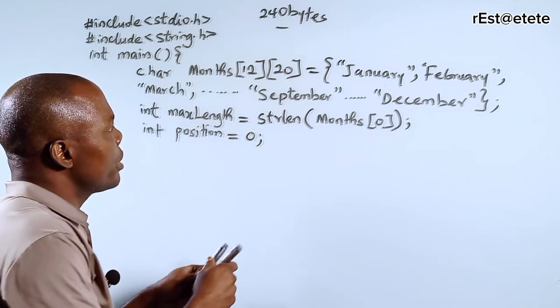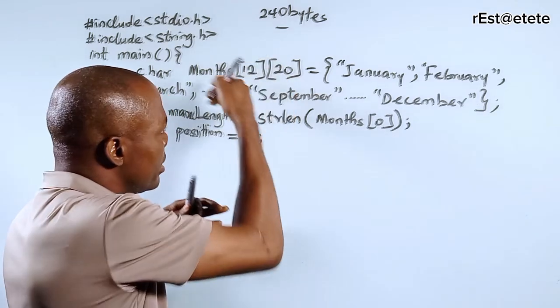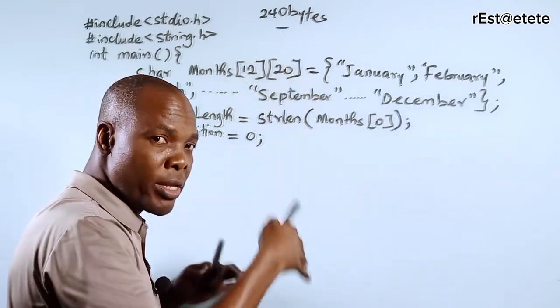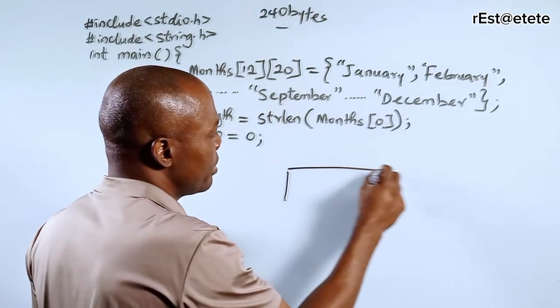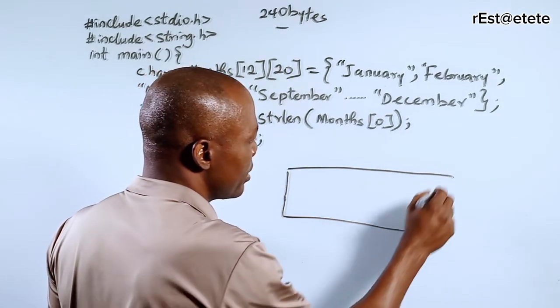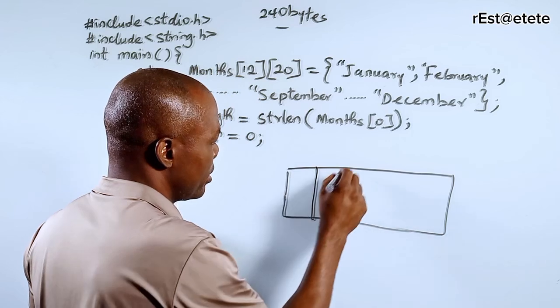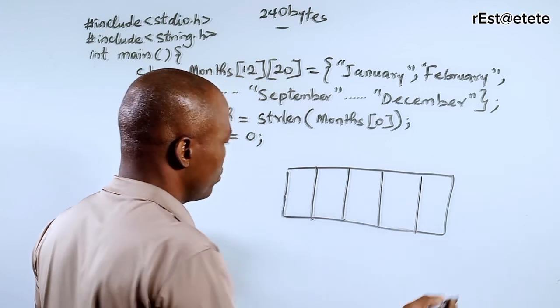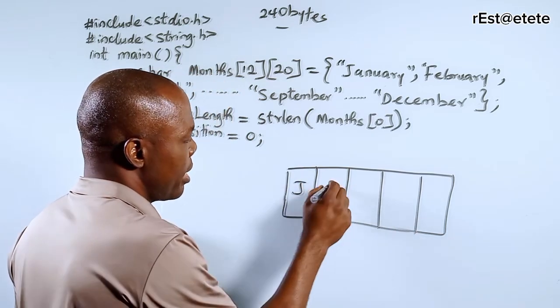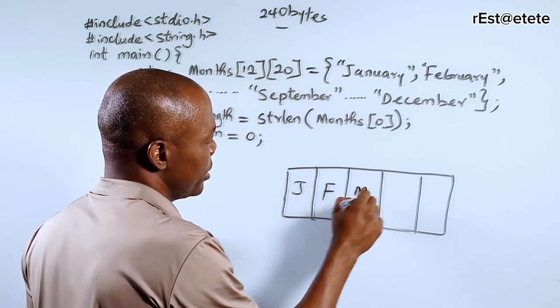So in the memory, if I'm bringing this two-dimensional array to a one-dimensional array, I'm going to have something like this. I've taught you this. I'm putting January here, February here, March here.